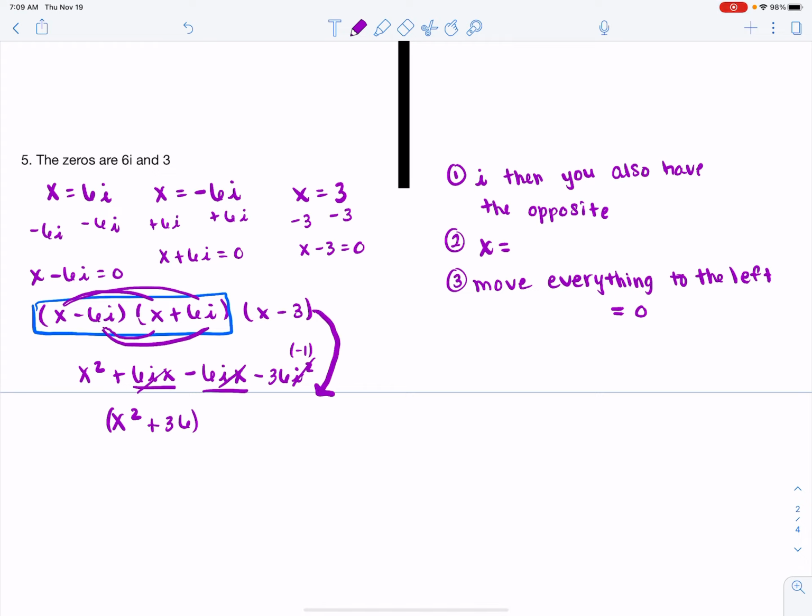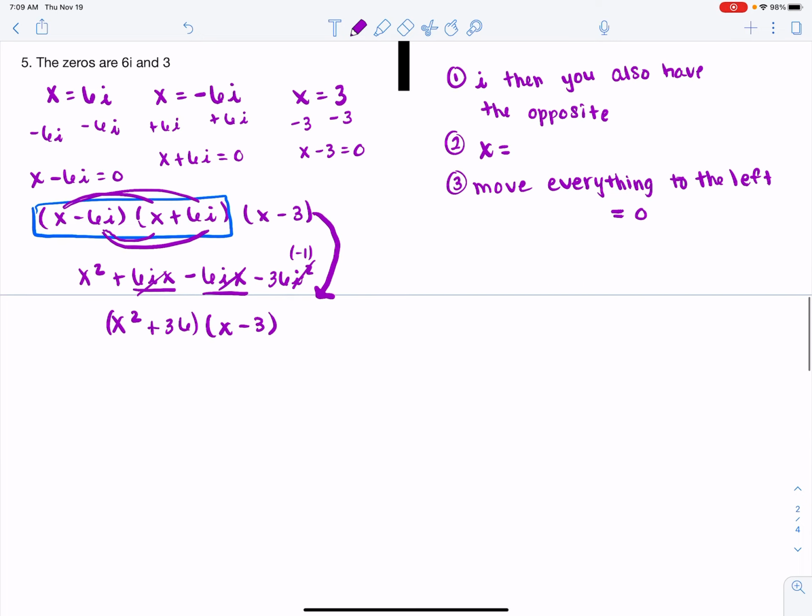Bring your last factor back. And now multiply those. I only have binomials again, so I'm going to distribute, but you could use that box if you wanted to. x squared times x, x cubed. x squared times negative 3, negative 3x squared. 36 times x, 36x. 36 times negative 3.